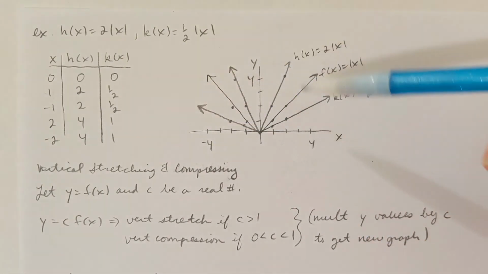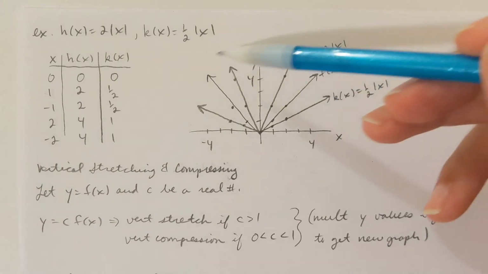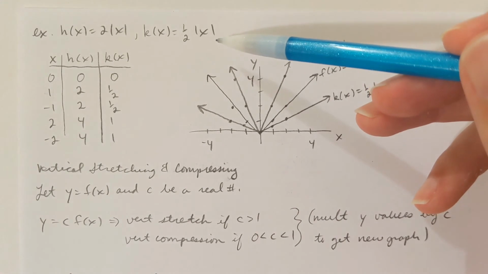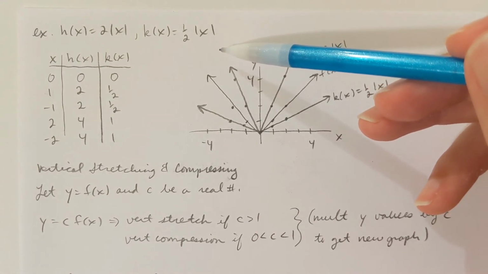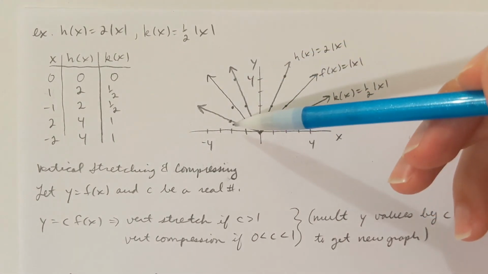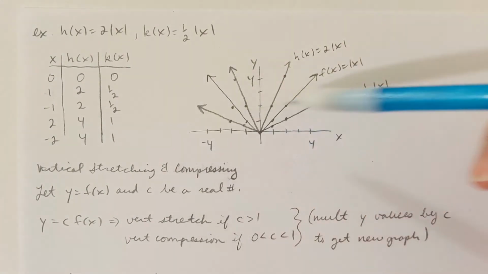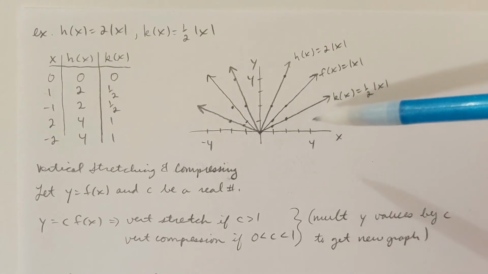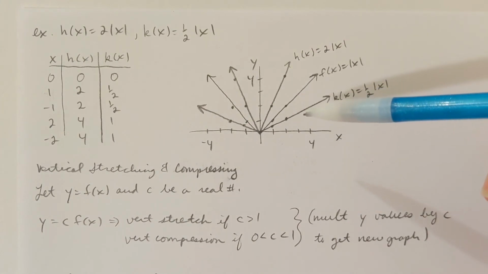If x is 2, 1/2 times 2 is 1. And if x is -2, the absolute value of -2 is 2, and 1/2 times 2 is 1. Okay, so I end up getting a graph that's still V-shaped, but smashed.